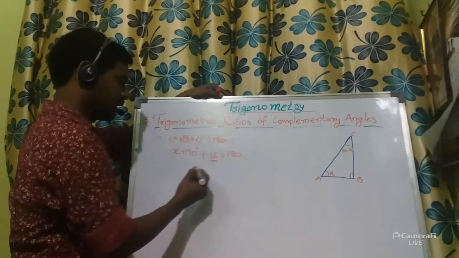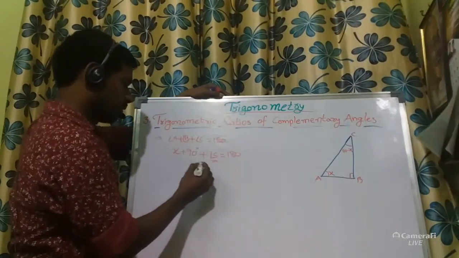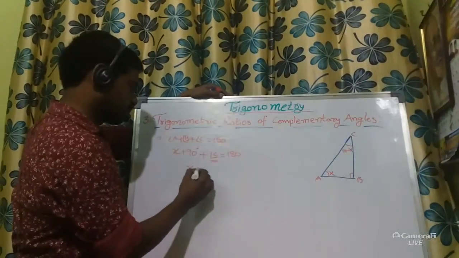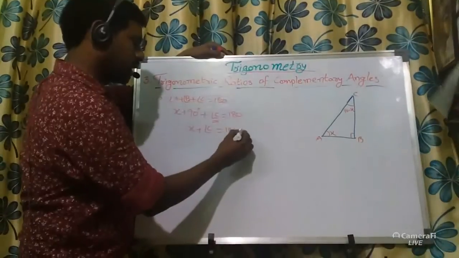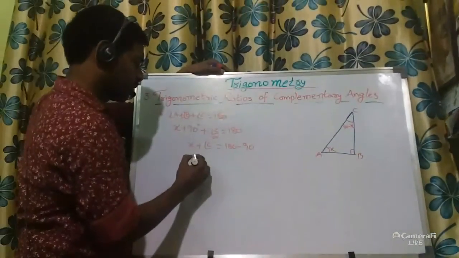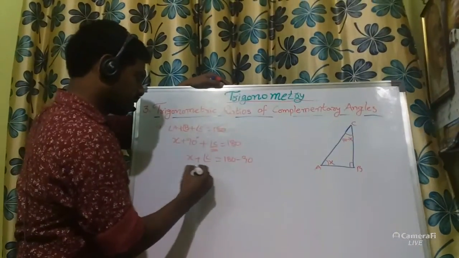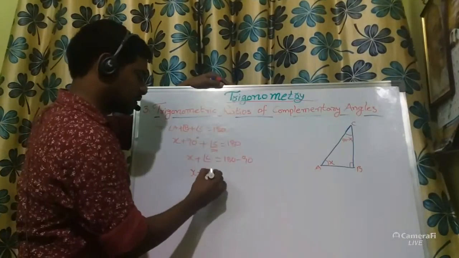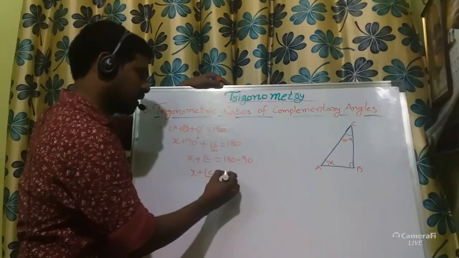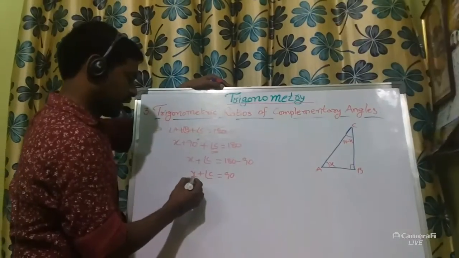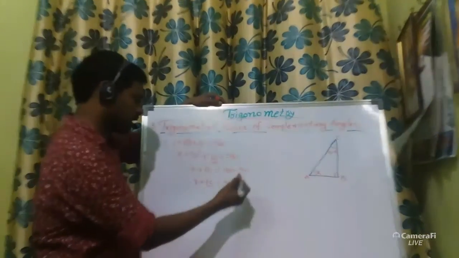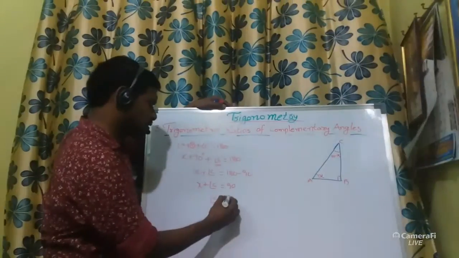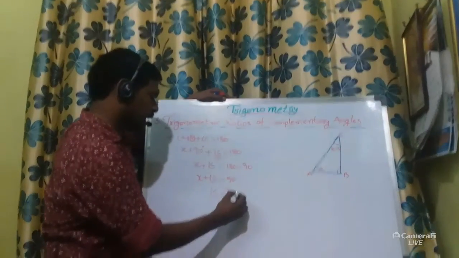We want only angle C. Therefore x plus angle C is equal to 180 minus 90, which means 90. Moving x from LHS to RHS, angle C is equal to 90 minus x.